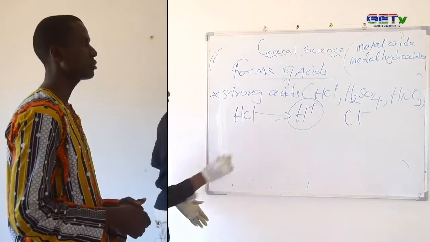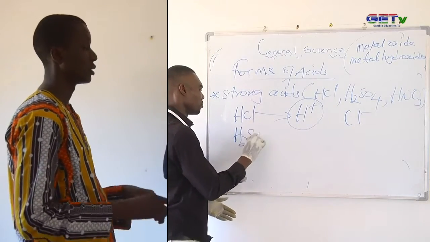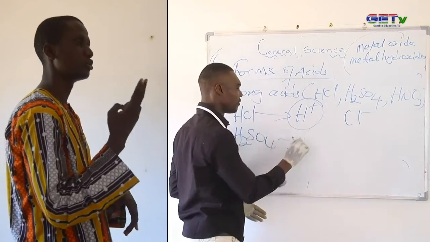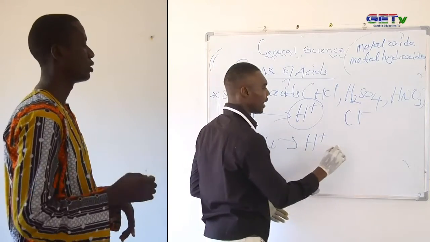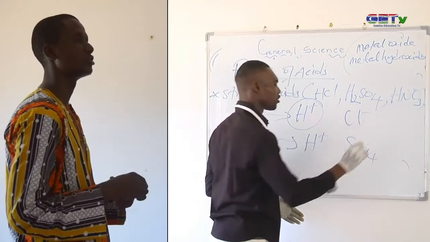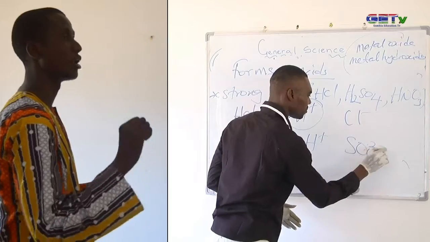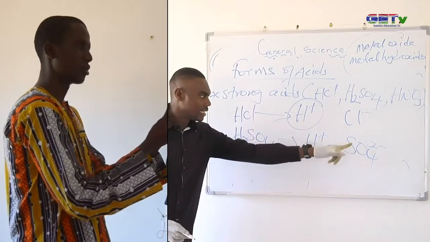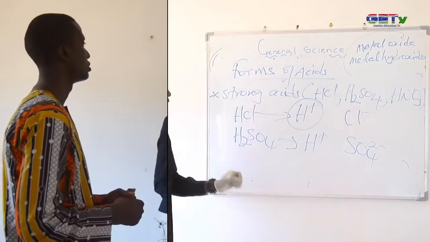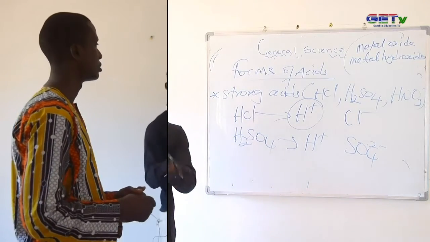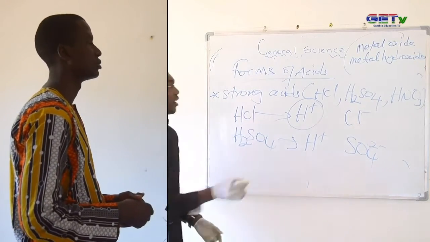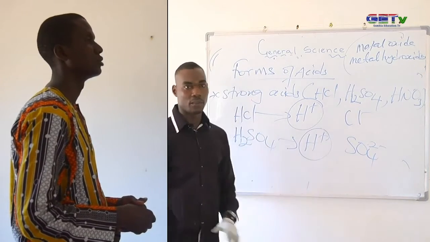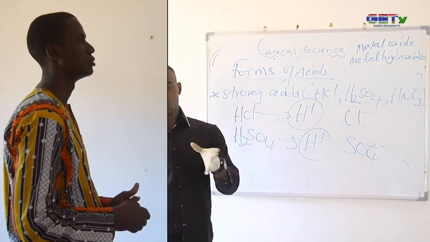In the same way, H2SO4, when dissolved in water, gives a hydrogen ion and a sulfate ion. It is completely ionized, which is why it's called a strong acid.